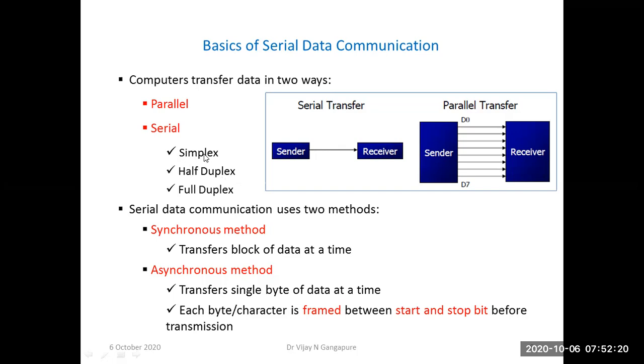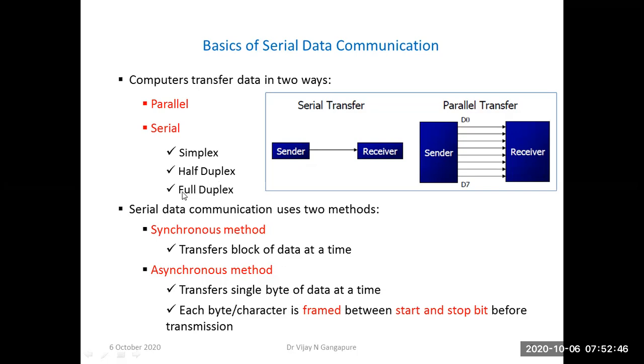An analogous example of simplex is FM or AM radio communication, in which there is communication in only one way. The example of half duplex is a wireless set system in the police department, which can operate in one direction at a time.